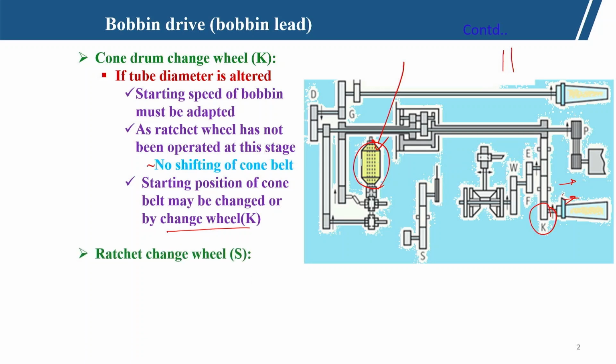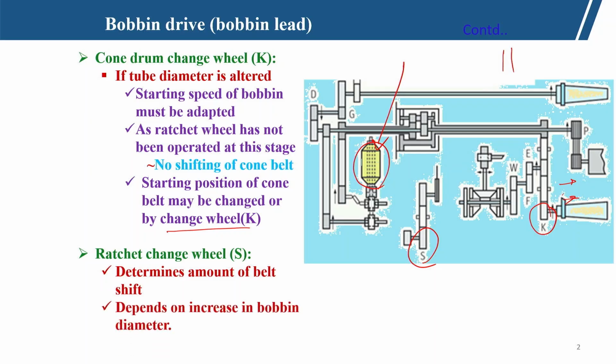A ratchet change wheel is there, and the ratchet change wheel actually changes the rate of shifting of belt, that we will discuss separately. It determines the amount of belt shift, depending on the increase in bobbin diameter.